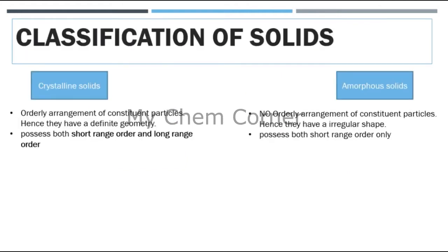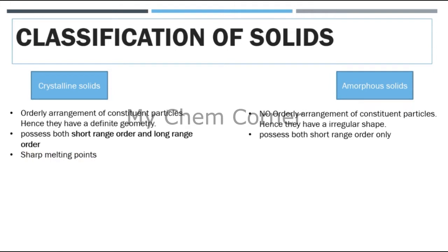Now, the next point of difference between both: crystalline solids have a very sharp melting point. They have a very defined geometry. They have a very consistent arrangement of particles. So when the melting point is determined, they will give a very sharp melting point, a single value.